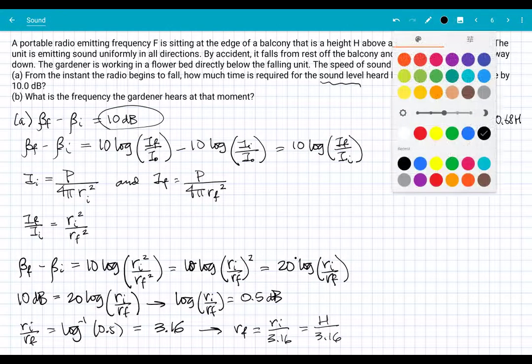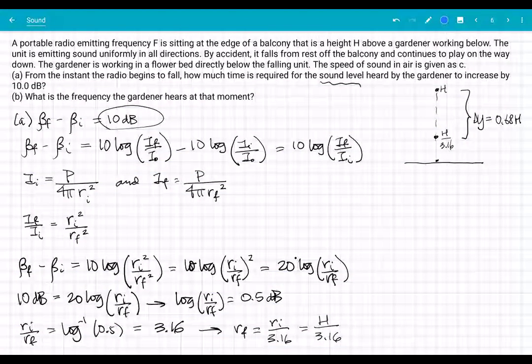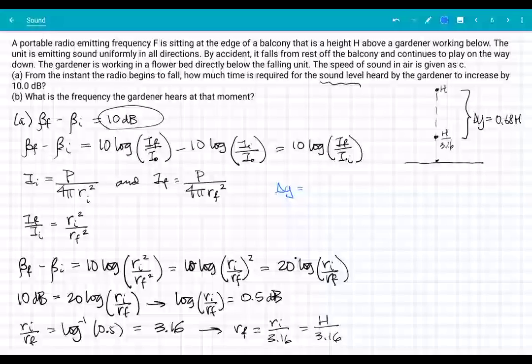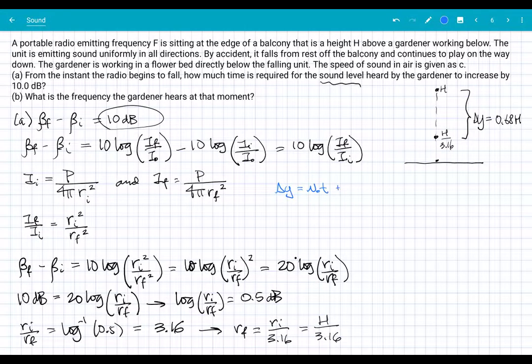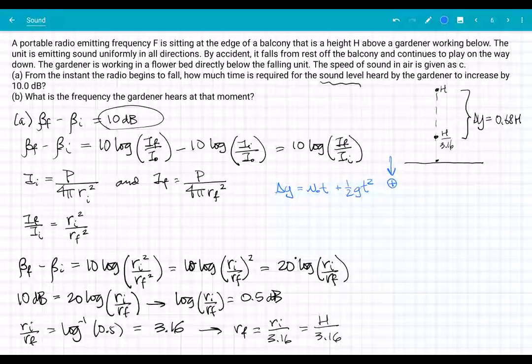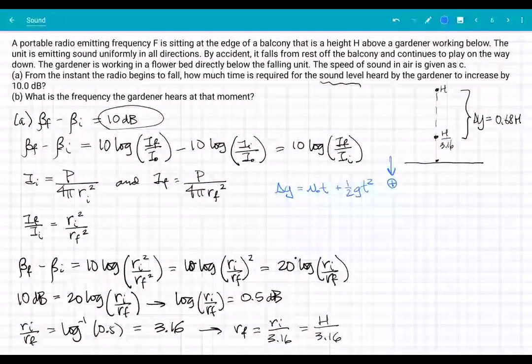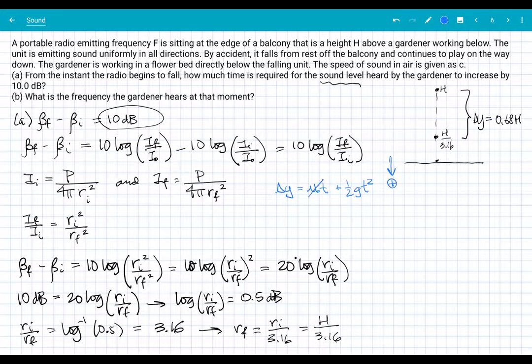Let me switch out colors here. So for kinematics, this delta y is going to be equal to v naught t plus 1/2 g t squared. I'll let downward be positive in my sign convention there because I have a downward displacement and a downward acceleration. Initial velocity is equal to 0.